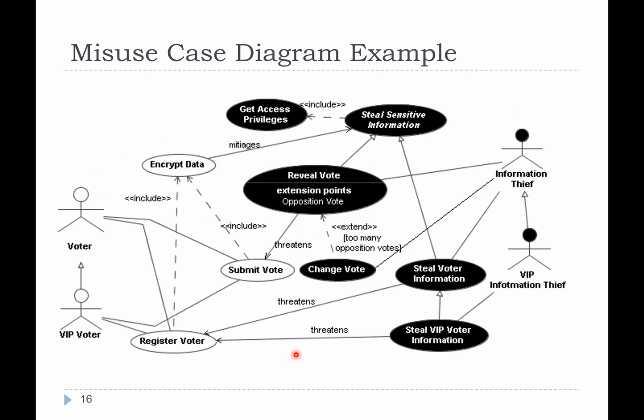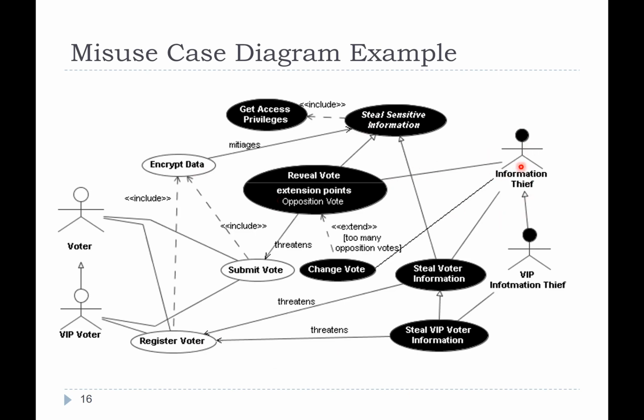All right. So here's an example of a misuse case diagram. There are even bigger examples that I will be putting up on Moodle. I will leave that up to you to read. But as you can see, you can see an include between a misuse case and another misuse case, fine. An extend between misuse cases, fine. Again, include, this is the regular stuff that we're used to. You can see that the threatens always goes from a misuse case to a use case, and the mitigates always goes from a use case to a misuse case.